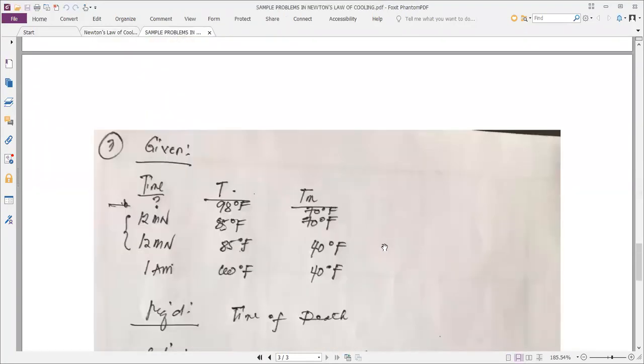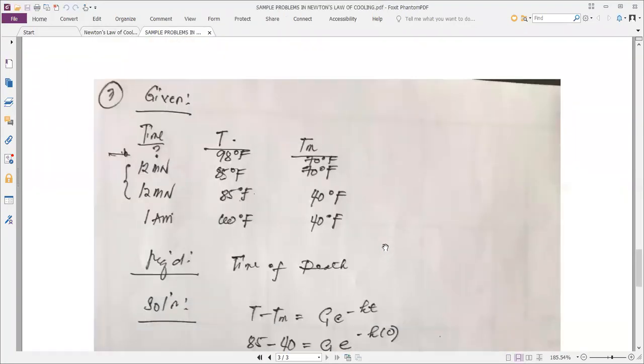Okay, number three. Now, what I did is I plotted the time, the temperature, and the surrounding medium that is to be identified from the problem. So it says in the problem that at 12 midnight, a body at 85 degrees Fahrenheit was found, and the surrounding temperature where it was found is 70 degrees Fahrenheit.